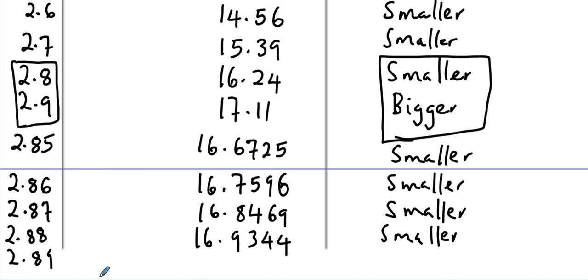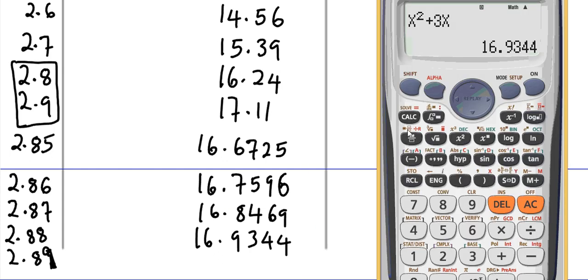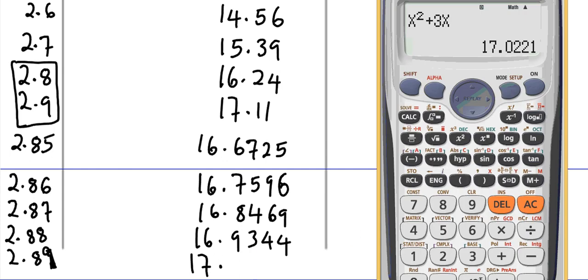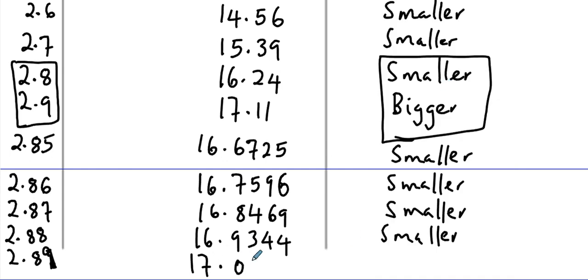Try 2.89. We are getting the number bigger, so we stop there. 17.020221, which is bigger than the expected.